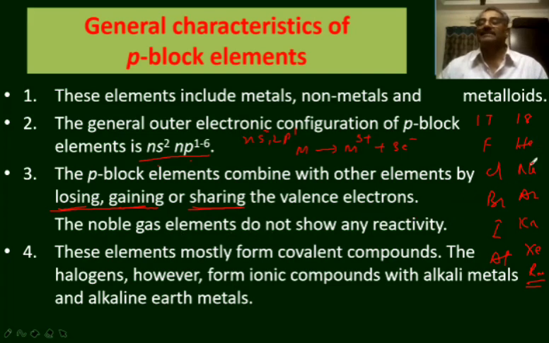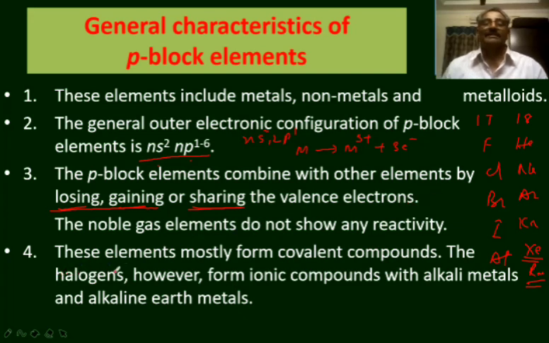The noble gases helium, neon, argon, krypton, xenon and radon do not show any reactivity as their valence shells are completely filled with 8 electrons. They are highly stable. But xenon exhibits a little reactivity in drastic conditions with highly reactive elements like oxygen and fluorine.